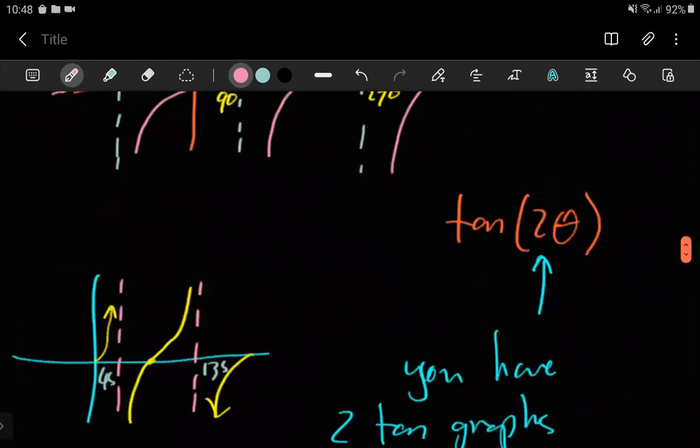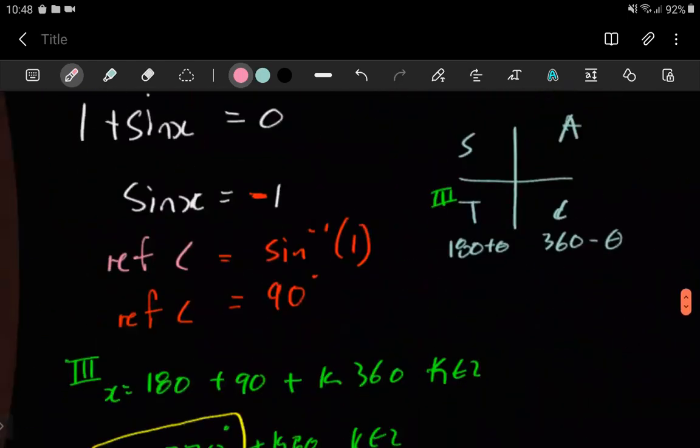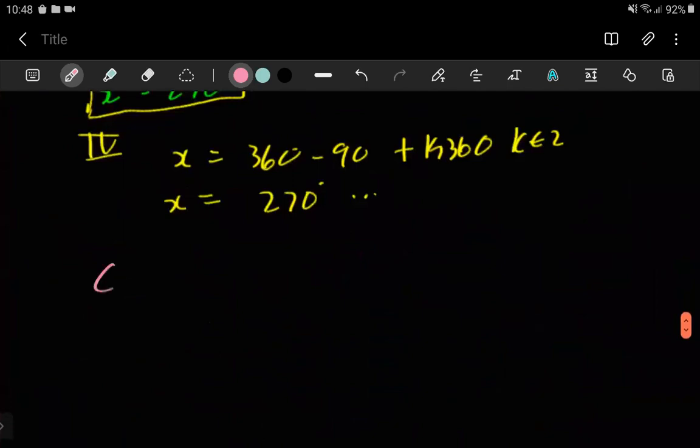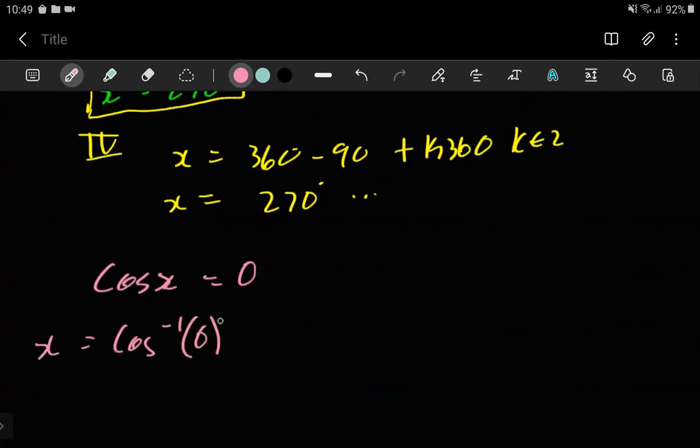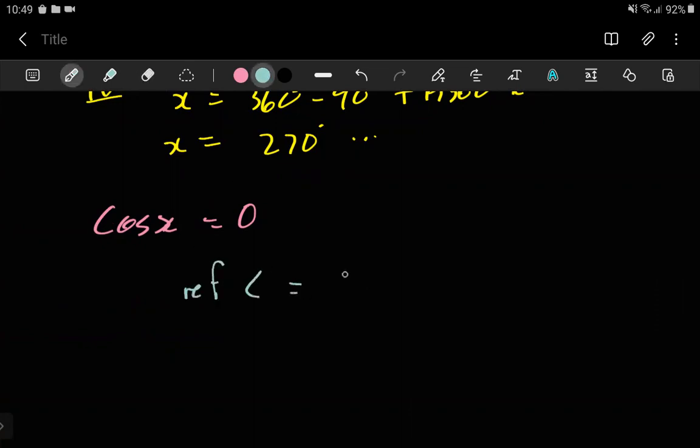The other part where it's undefined is where cos x is 0, because that's also something in the denominator. So cos x equal to 0, and then shift cos of 0. Again, let it be a habit that anytime you do shift sine or anything, always get a reference angle.